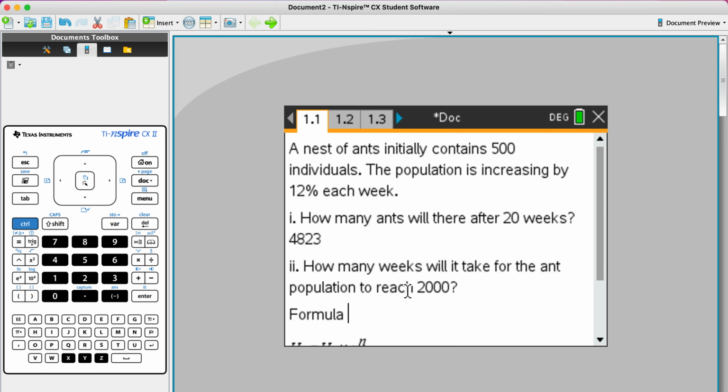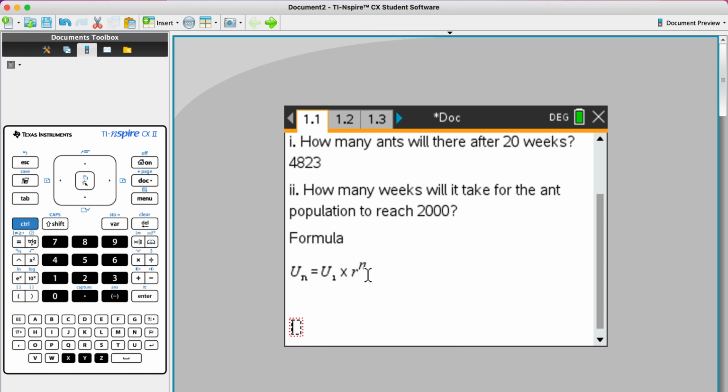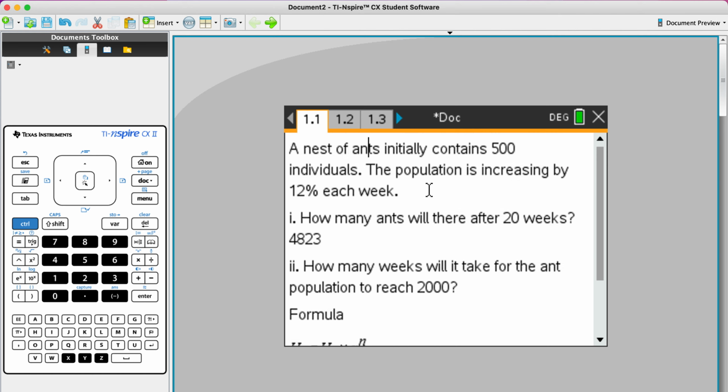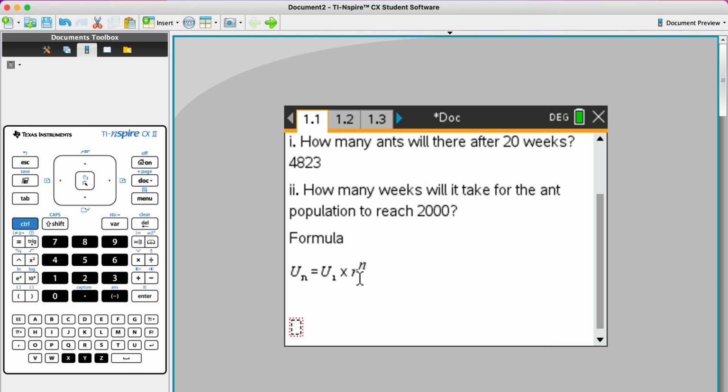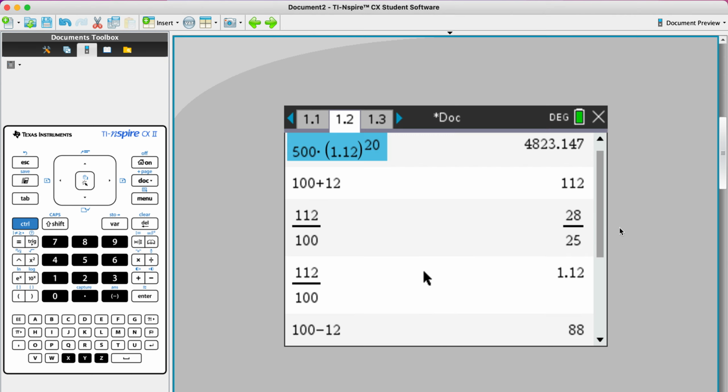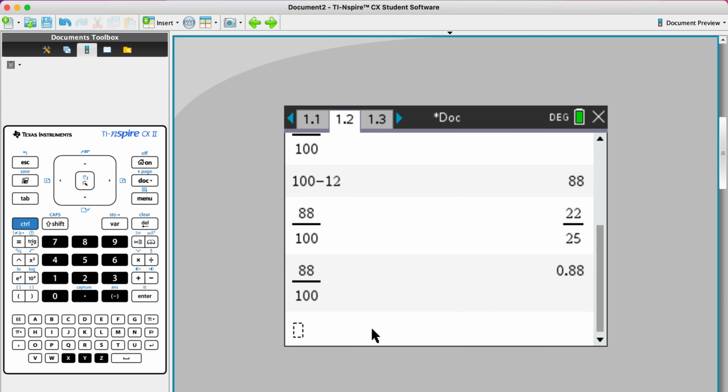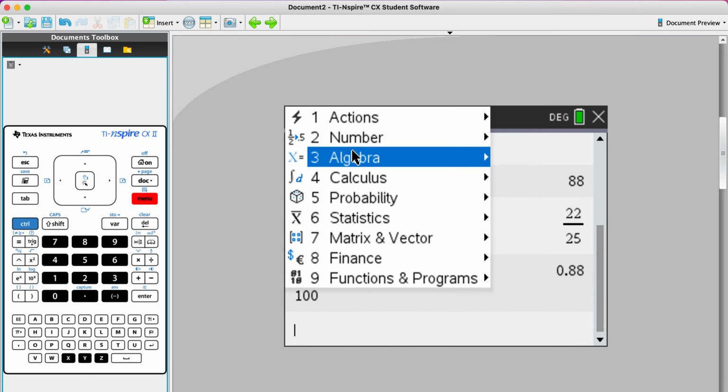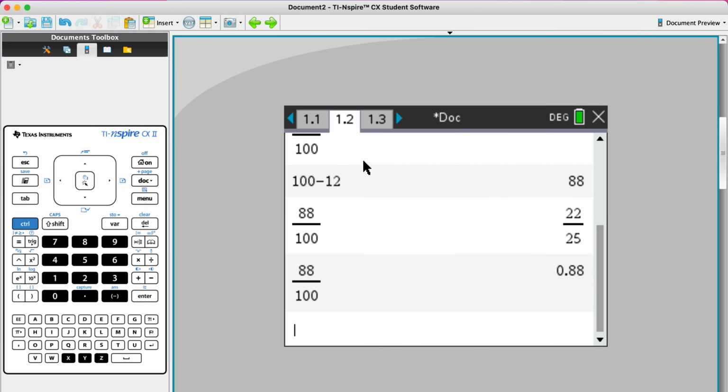How many weeks? So that means we are looking for the n. Yeah, so the initial will again be 500. The multiplier will be the same, and we are looking for n when it will reach 2000. So in this case, we can use n solve. Okay, so we use menu, algebra, numerical solve.